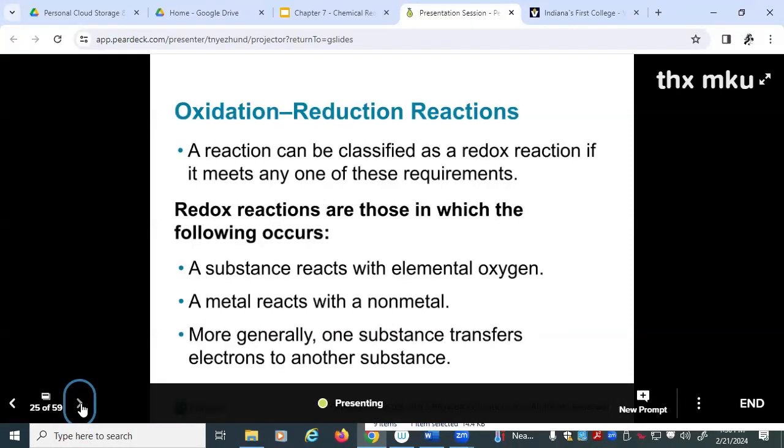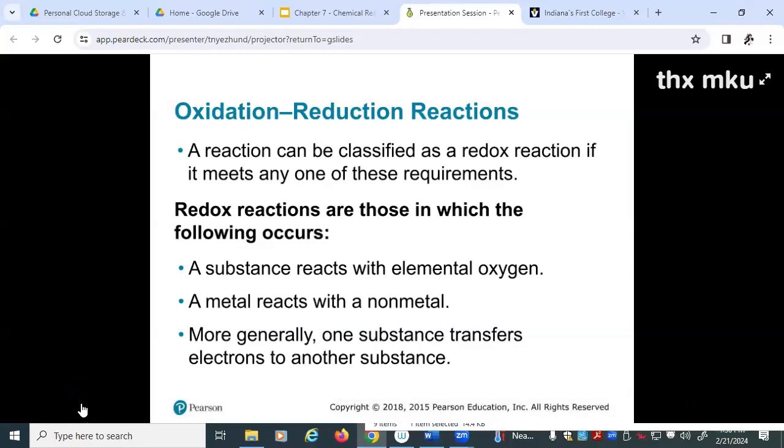So if I can't immediately see from charges that something is changing, what are some other things that I can look for? Well, some telltale signs are here at the bottom. If I see that a substance is reacting with elemental oxygen, so I have anything plus oxygen, I know I'm getting a redox reaction.